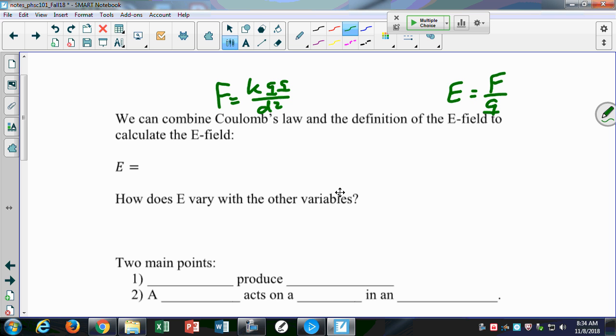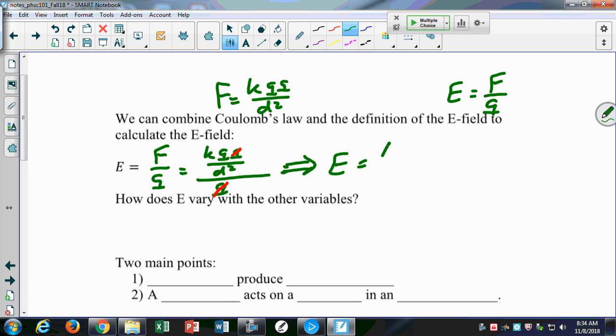I just say that E is equal to F over Q, and that's going to be k Q q over d squared divided by q. And so that gets rid of one of my q's, and I'm left then with E is equal to kQ over d squared. It's on your equation sheet. You don't really need to know where it comes from, but it's important to know that electric field is force per unit charge, and then I can do this little step where I get an expression for the electric field. Okay? It is on the equation sheet right here.